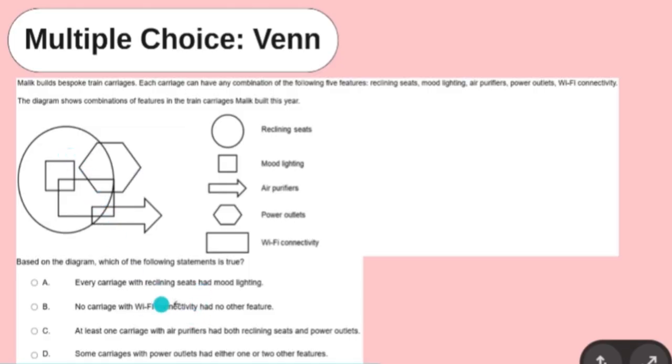Because no statements are a bit tricky, what I usually do is I try and invert them and prove that. So that's why I said all carriages with Wi-Fi connectivity had another feature. Does that make more sense or is that just more confusing? Okay, good. Thank you. Hopefully that works.